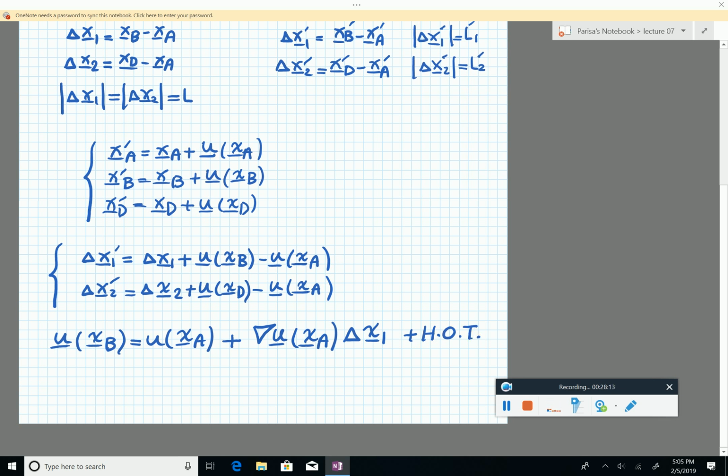This is just Taylor series expansion. You have seen the definition of gradient before. And if L is very small, and we assume that it's very small, then the higher order terms are 0.